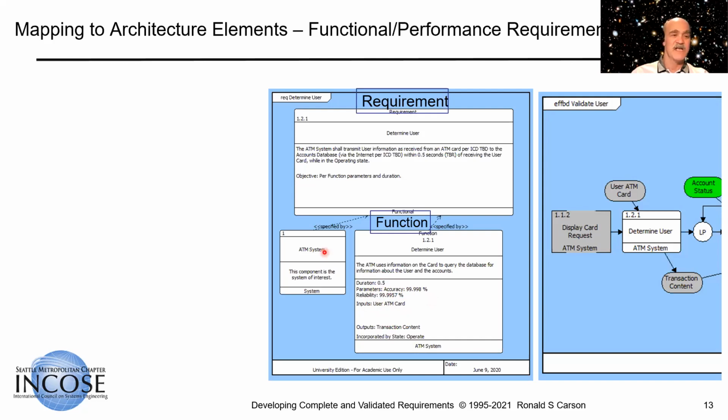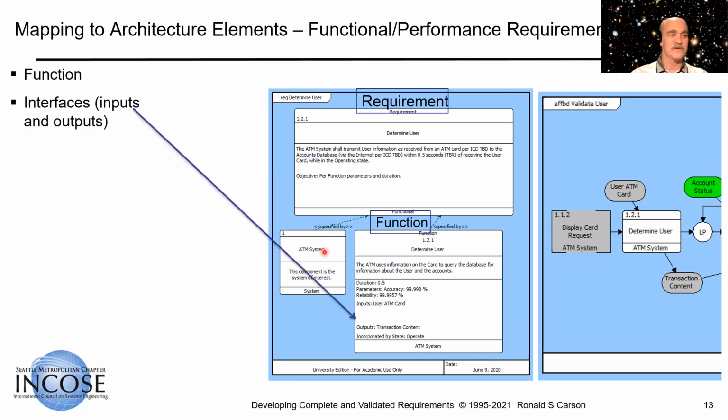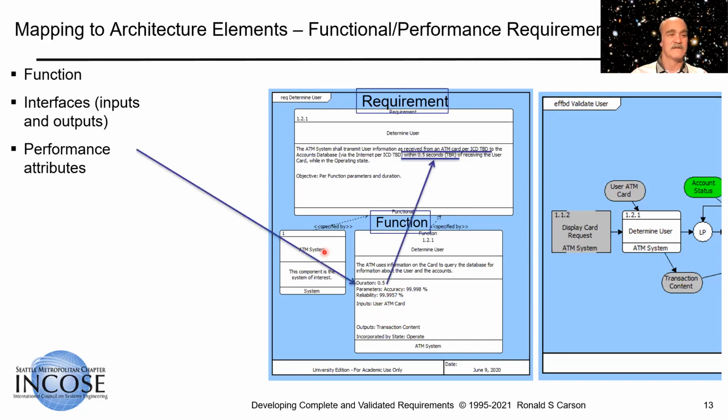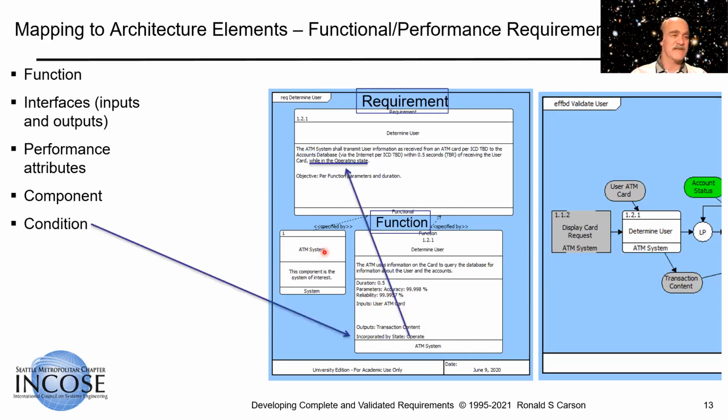There's our timing. So all the things I need, I can find, and then I can use them to populate the requirement, the function, the interfaces, the inputs, the outputs, the performance attributes, the component, which is the who, make sure all that agrees and lines up and I haven't made a misallocation.